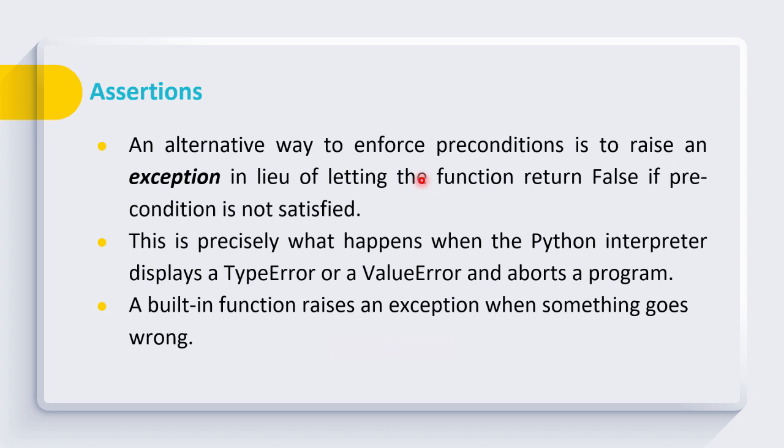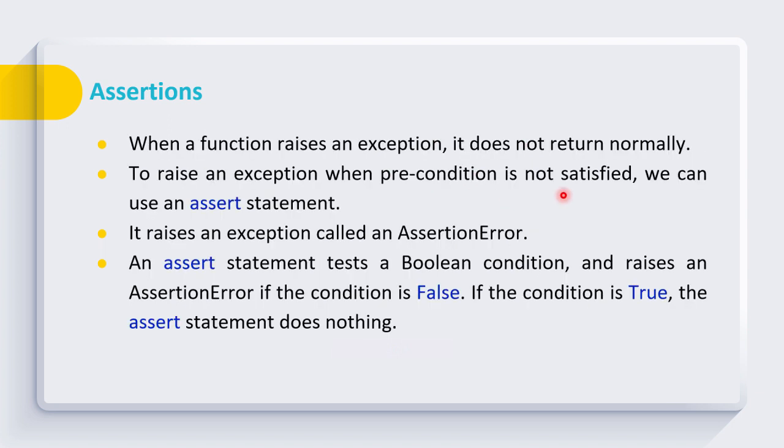It means if the precondition is not satisfied, the function will raise an exception instead of returning false. And to raise an exception when the precondition is not satisfied, we can use an assert statement. So an assert statement is used to raise an exception when the precondition is not satisfied.